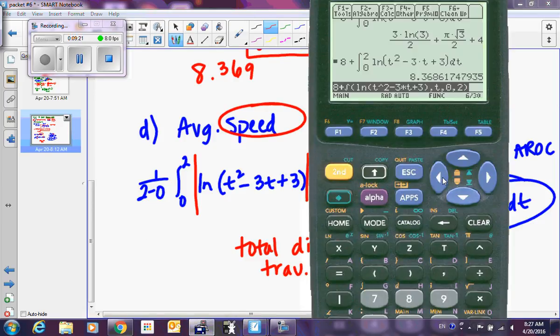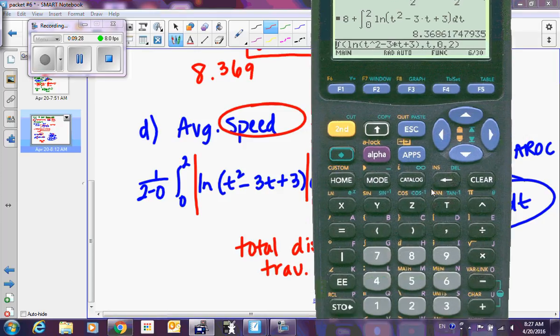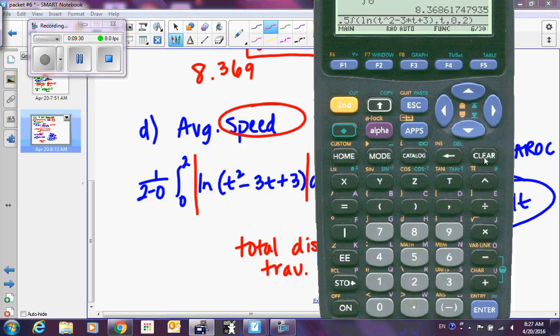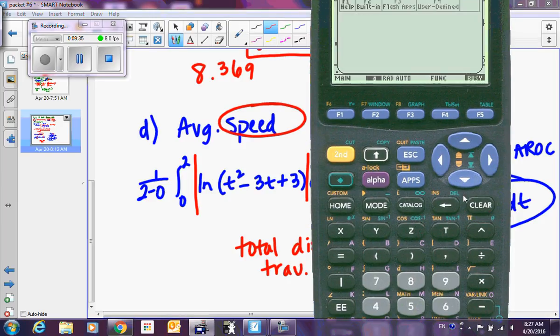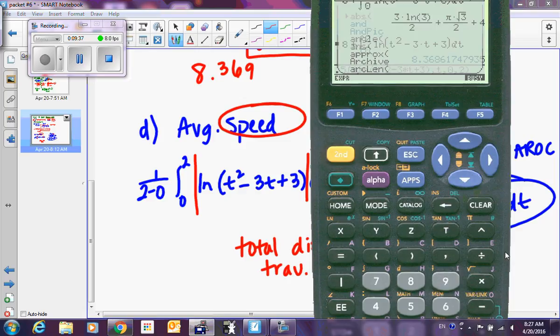So I'm going to tweak what we have here. I don't need the 8 plus here, but I do need the 1/2, so I'm going to put 0.5 in the front. I need absolute value here, so I'm going to go catalog, ABS, and it is going to open up an extra parenthesis, which you want to close right here before the comma T. And then it'll put it in pretty print for you.